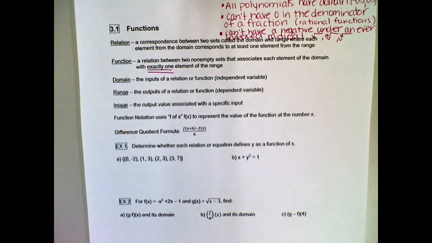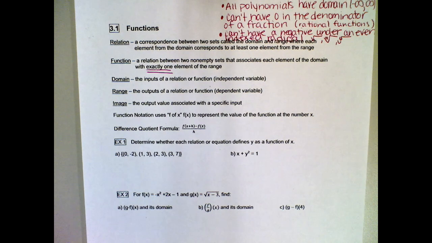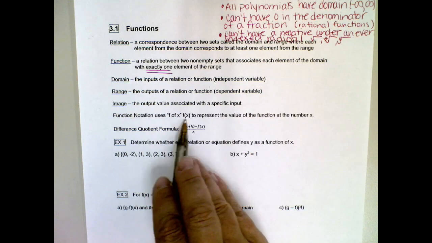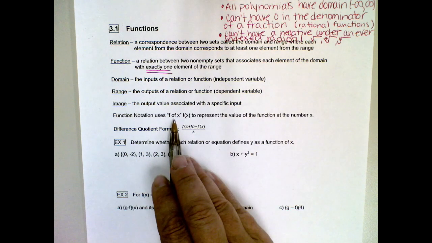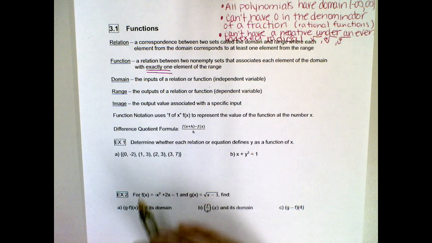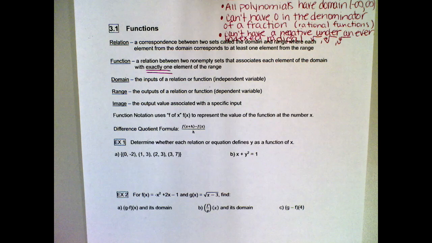Function notation, you should be very familiar with. We use this from Algebra 1 on. So we typically read this guy right here. That is read f of x. That's traditional function notation. It does not have to be f. It does not have to be x. You can have g of x. You could have h of t.